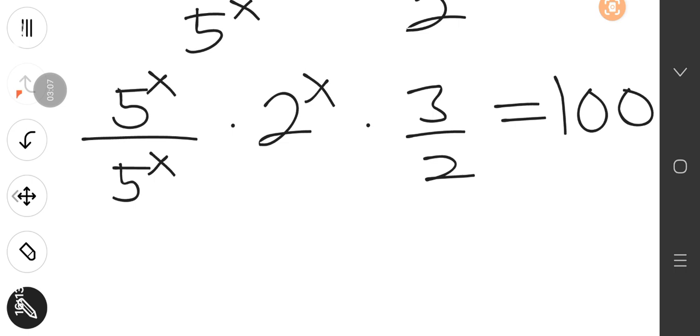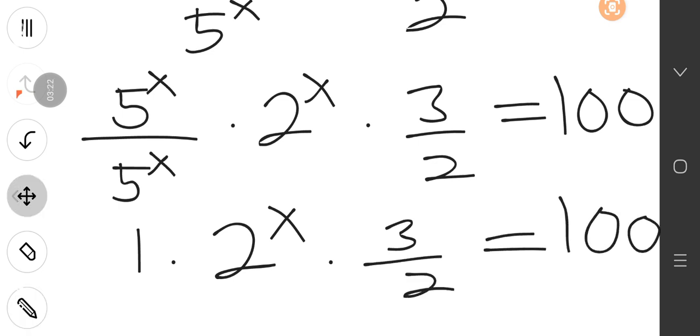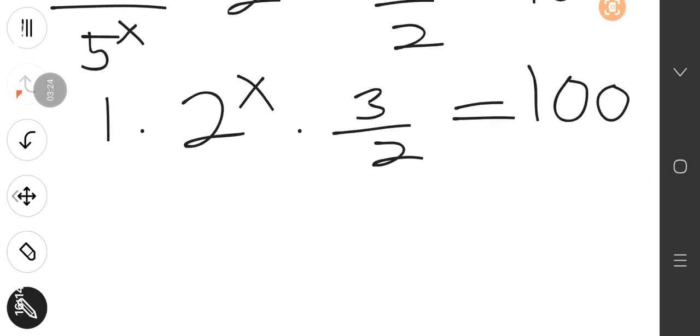So you can see 5 exponent x over 5 exponent x is 1. Now we know that anything times 1 is itself. Any number times 1 is the number itself. Any variable times 1 is the variable itself. So 1 times 2 exponent x will give us 2 exponent x.